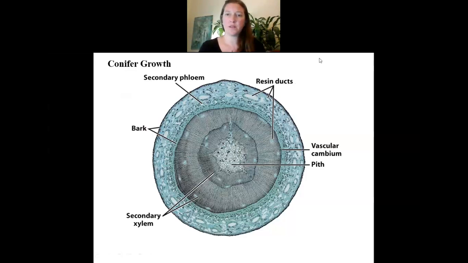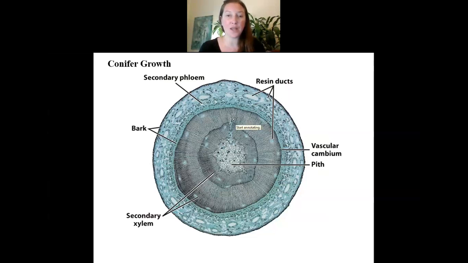Just to clarify, in terms of aging a tree, a lot of people didn't get that right on the exam. If you were to look at this tree, you'd be like, how old is this tree? And on the exam, people put all sorts of crazy answers.